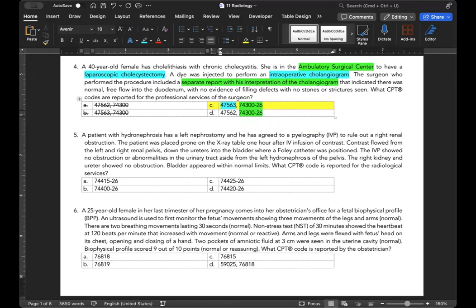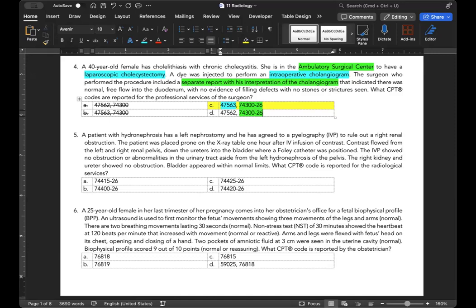Number 5, a patient with hydronephrosis has a left nephrostomy and has agreed to a pyelography or an IVP to rule out a right renal obstruction. The patient was placed prone on the X-ray table 1 hour after IV infusion contrast. The contrast flowed from the left and right renal pelvis down to the ureters into the bladder where a Foley catheter was positioned.